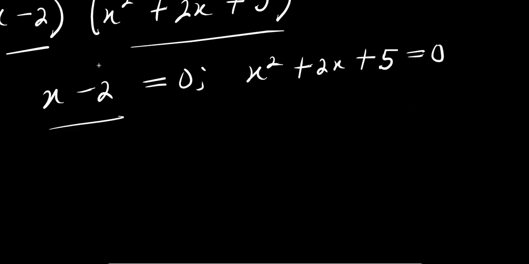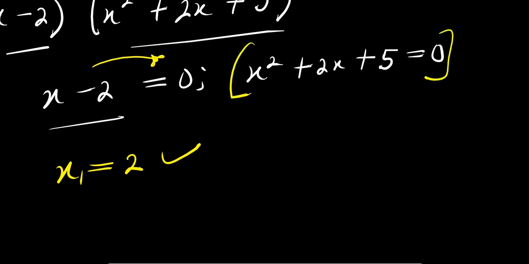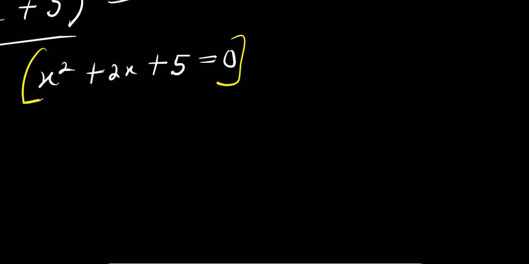Now, if x minus 2 equals 0, I can have x equals 2 by moving this over here. This is my x1. This is a quadratic equation that we are going to solve for the other values of x. And this equation is not factorizable, so let's solve using either the completing of squares method or formula method.